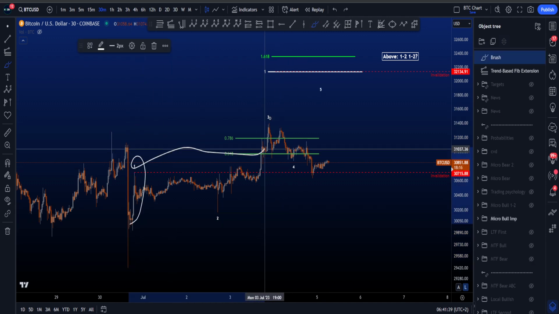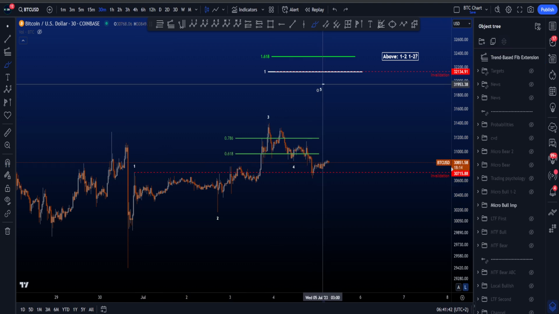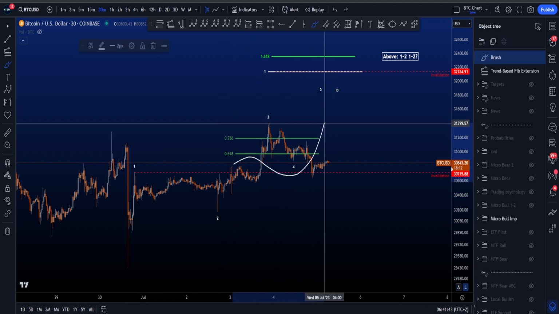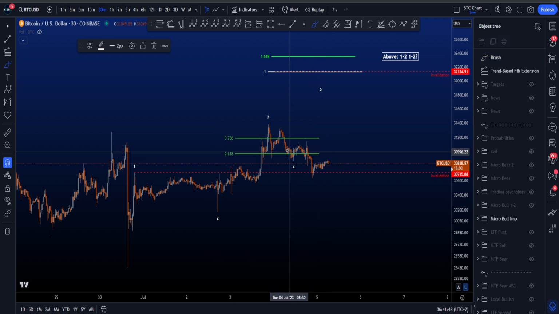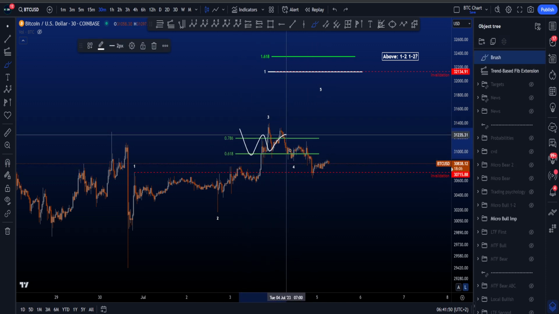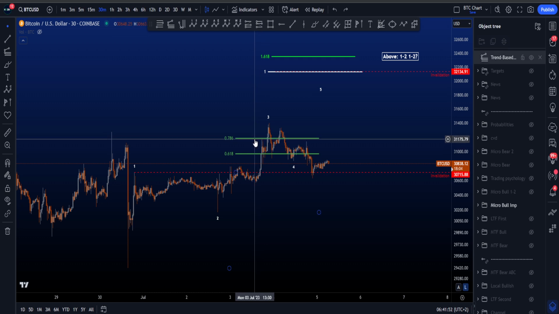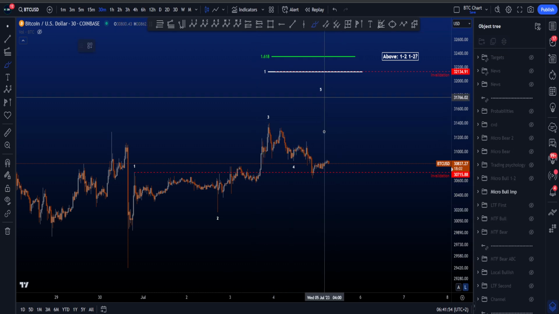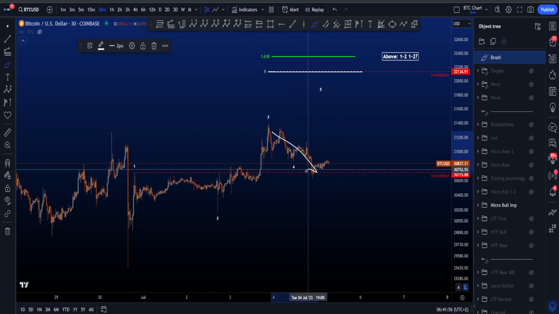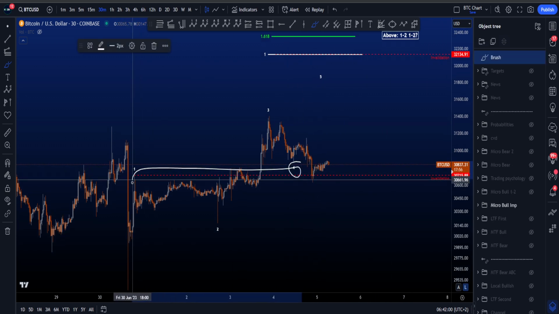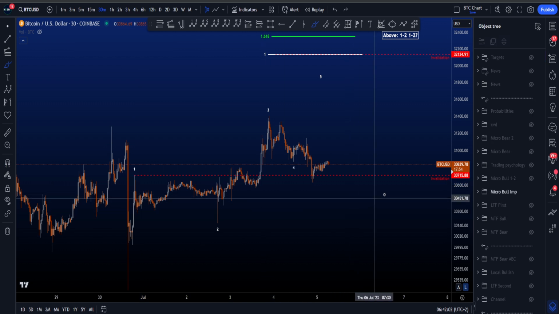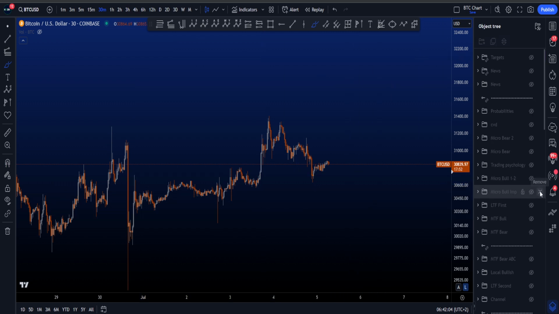Now wave 1 is longer than 3 and has to be longer than 5, because else the whole impulsive structure is invalidated. So this then would be the target for a wave 5, but as you can see, this 3 already moved beyond it. So this scenario was very unlikely, and also now has been invalidated as price has moved towards the downside, hitting the invalidation because a wave 4 is not allowed to have overlap with a wave 1. So we can remove that one as well.